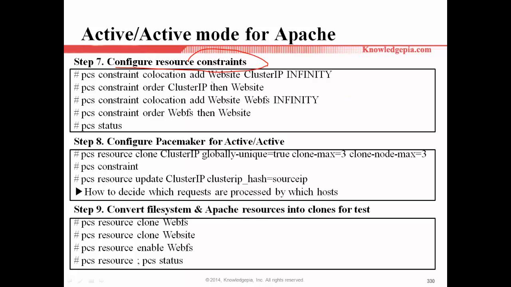First, Website and the cluster IP must run on the same host. Infinity means it must. So the Website resource and the cluster IP resource must run on the same cluster node. And for the order, the cluster IP resource will be started first, and after that, the Website resource.